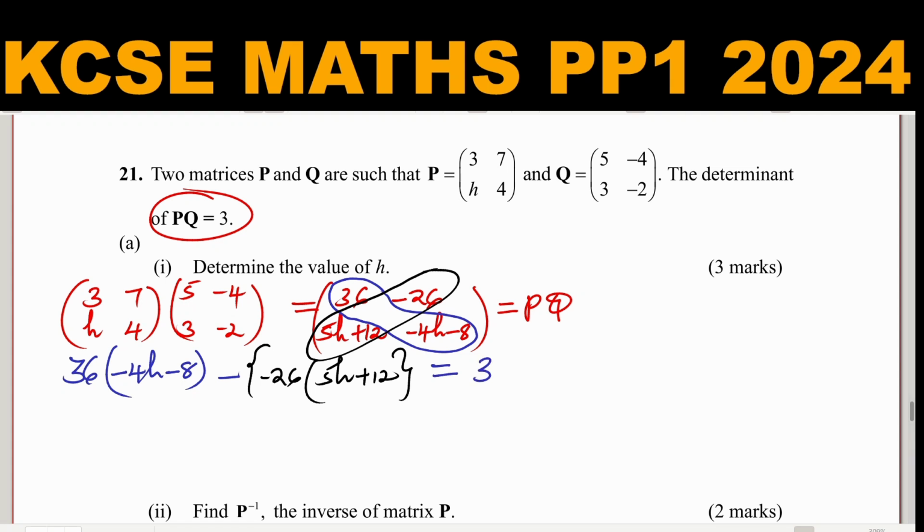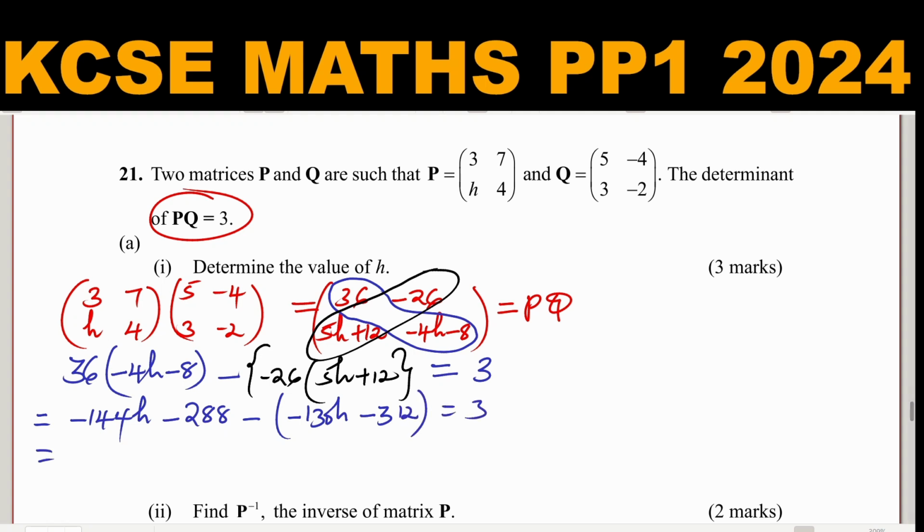So open the brackets here: 36 times -4H is negative 144H, subtract 36 times 8, you get 288. Then subtract, this is negative 26, this will give negative 130H, and then negative 312, is equal to 3.